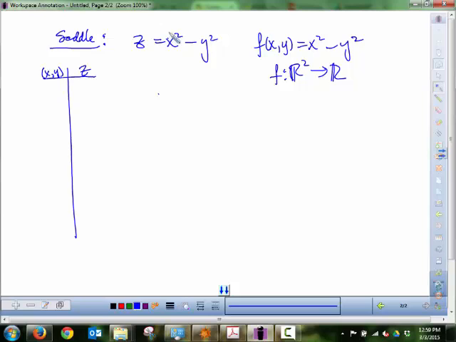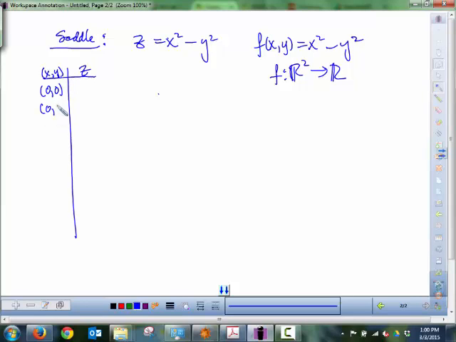Now, this might be a little tedious, but we can do it, right? 0, 0. And when I say points, we have to actually find ordered pairs and then figure out what happens when you put it into the function.